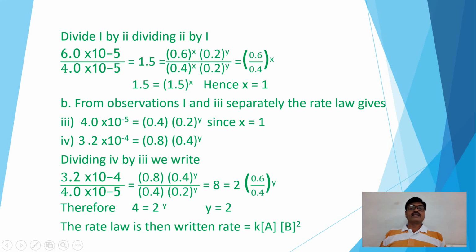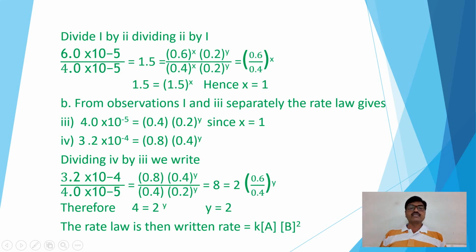So 8 divided by 2, we can write 4 is equal to 2 to the power Y, therefore we will get Y is equal to 2. So in this way the values of X and Y can be determined.